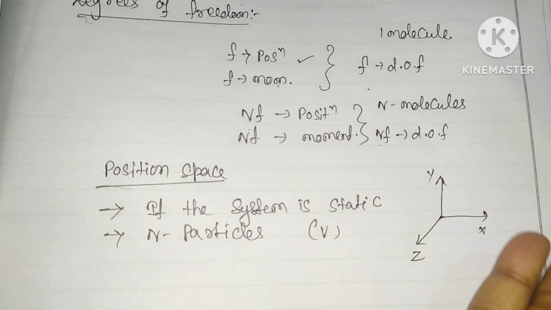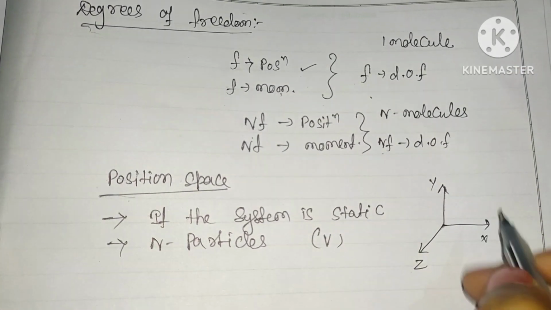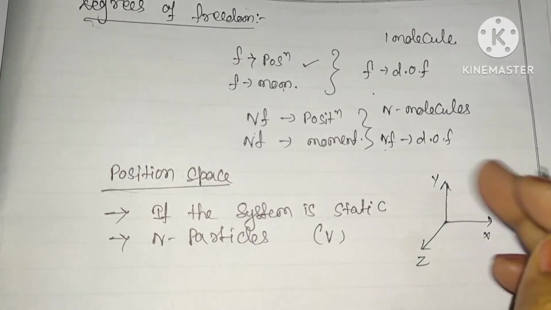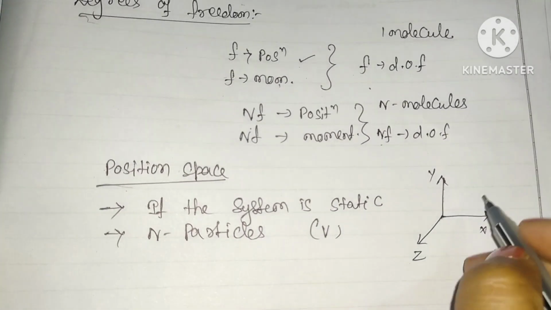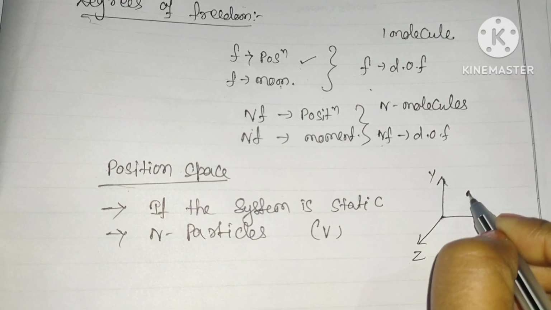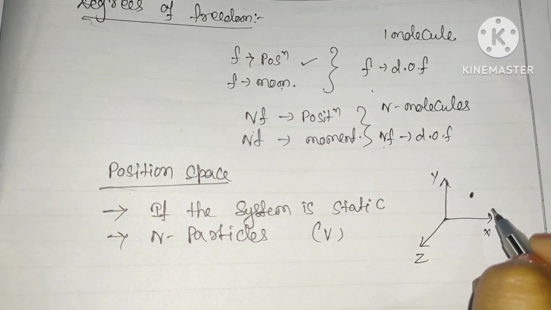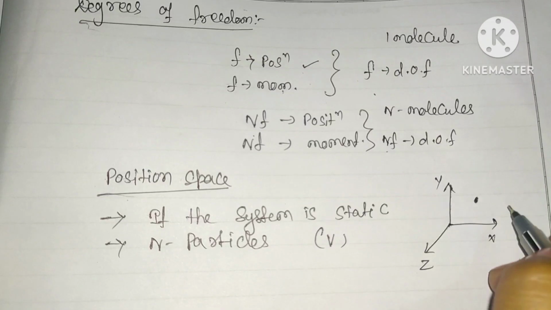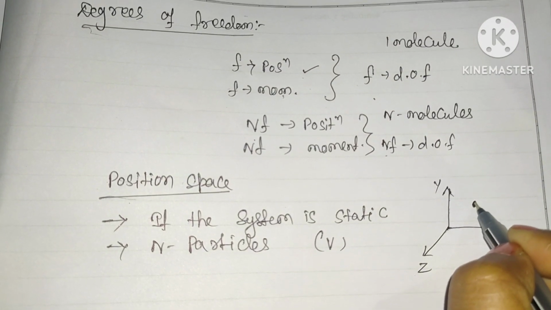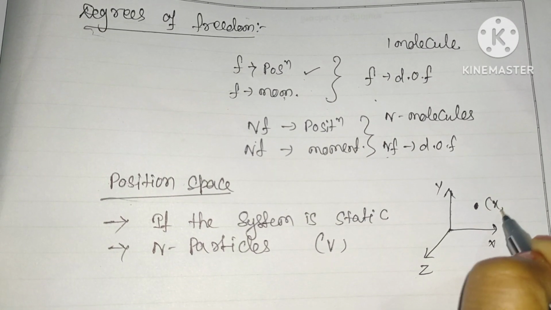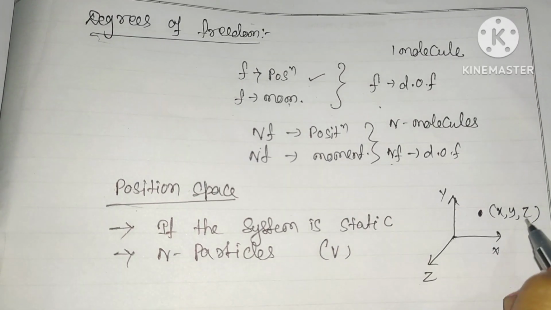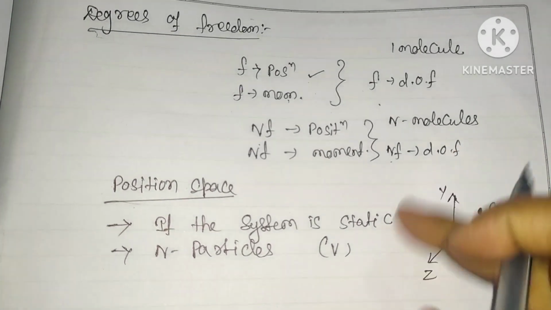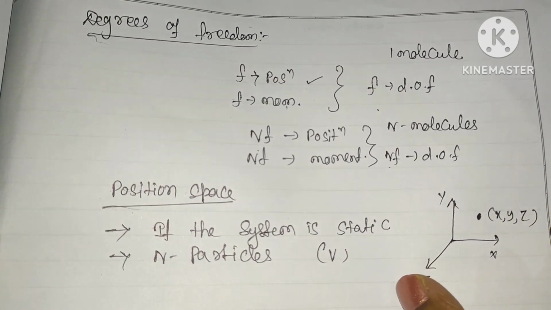Always in cyclic manner, x, y and z coordinate. Suppose this is my particle location, it is completely given by the three position coordinates. So suppose the position of this particle is x, y, z. We can say that this total space is known as the position space.